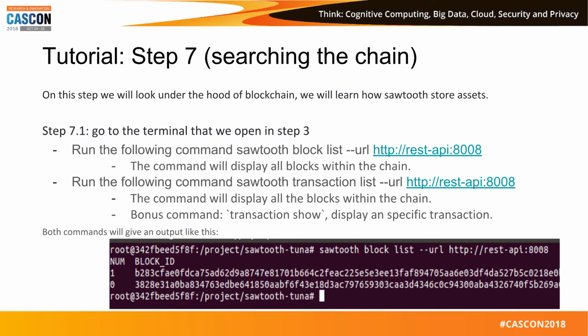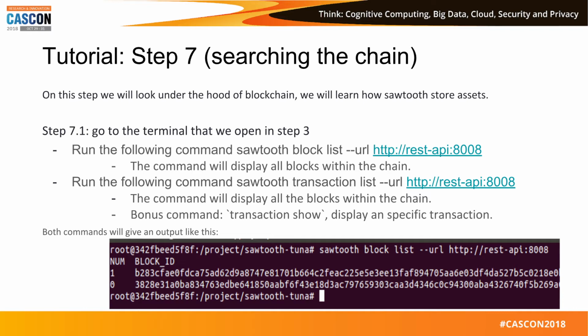And how can you see that immutable transaction that I'm talking about? Go back to the second terminal that we opened, and we're gonna look into the blockchain, into the information of our tuna chain example.